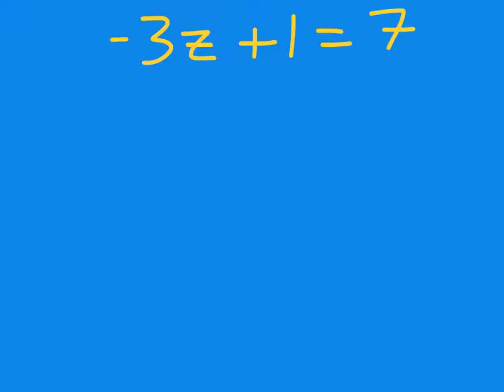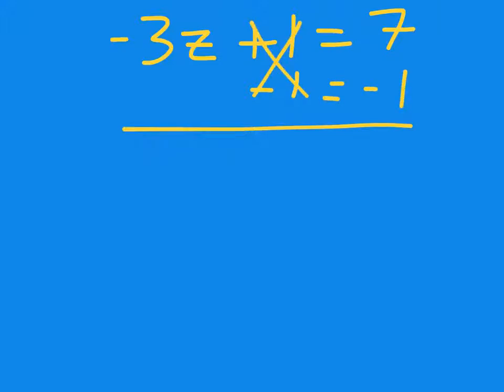Alright, let's see what you got. The first thing I would do is, since there's only one z, subtract the 1 using the inverse operation from both sides. That cancels out the 1 here, because if you have 1 and you take 1 away, you're just left with 0. So all I'm left with is negative 3z. On the other side, I have 7 minus 1, which gives me 6.